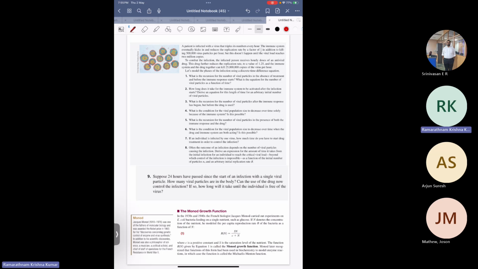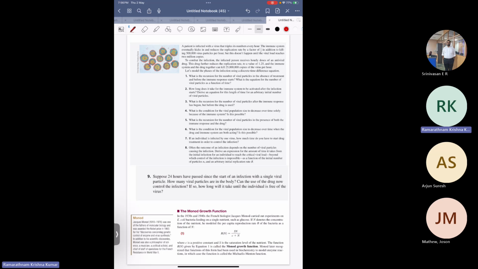So, what is the recursion for the number of viral particles after the immune response has begun? In other words, what is the recursion formula once the immune system has kicked in? How will you write the recursion? Now, when the immune system kicks in, what happens to R?